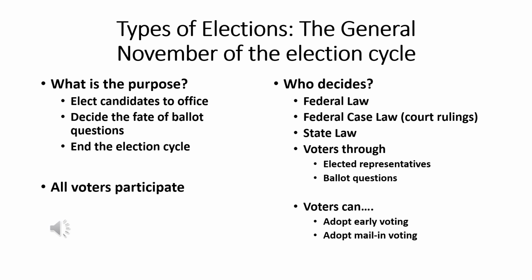For instance, voters can adopt early voting or voters can adopt mail-in voting. There's different mechanisms for how the process plays out, but unlike the primary election, the general election is much more tightly controlled by federal law as far as who is allowed to vote and case law or court rulings about how an election must be managed and who gets to participate so that no one is discriminated against.